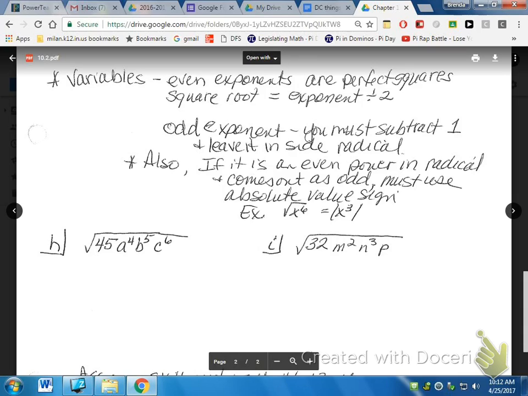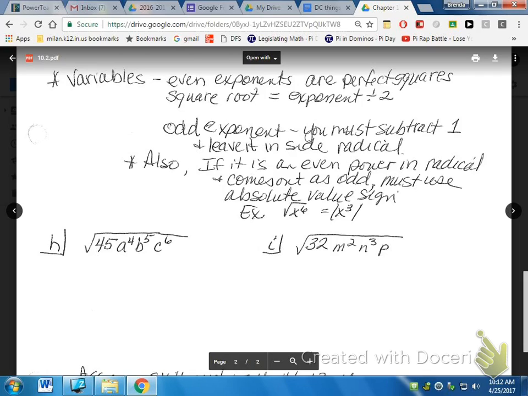If it's x squared, the square root is x. If it's x to the 4th, the square root is x squared. If it's x to the 6th, the square root is x to the 3rd. You take the exponent divided by 2. That's how you do the perfect square.